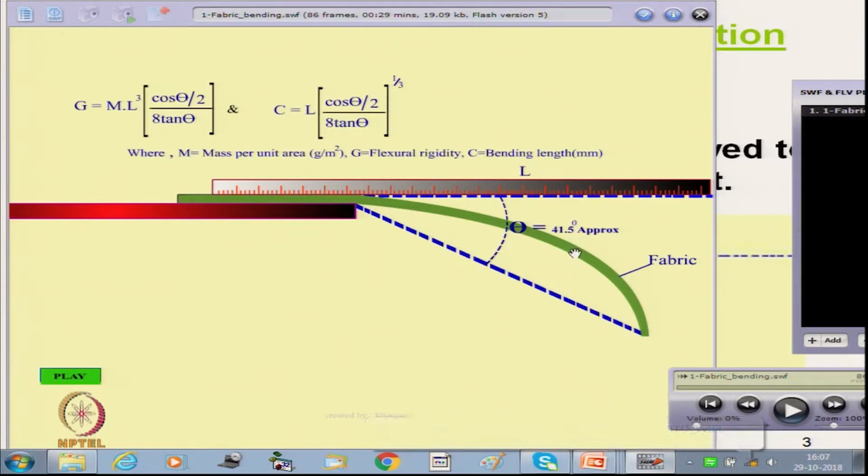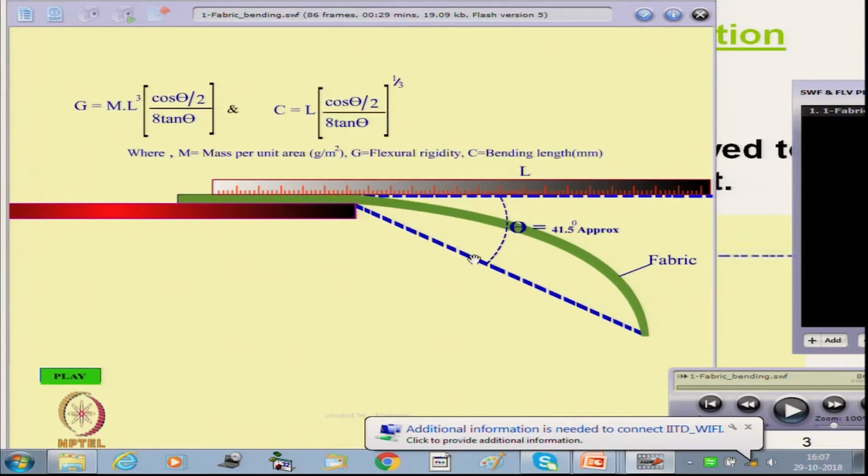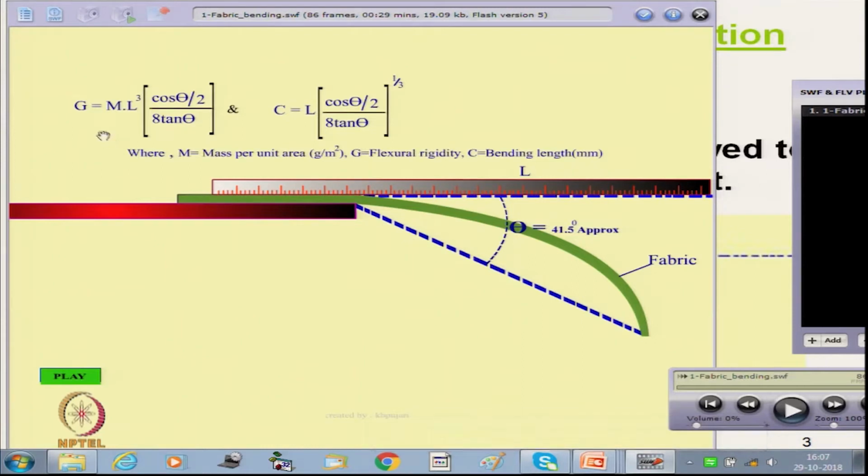41.5 degrees. Based on that angle we can calculate different parameters, where G is the flexural rigidity of the fabric, M is the mass per unit area, and L is the overhanging length of the fabric.